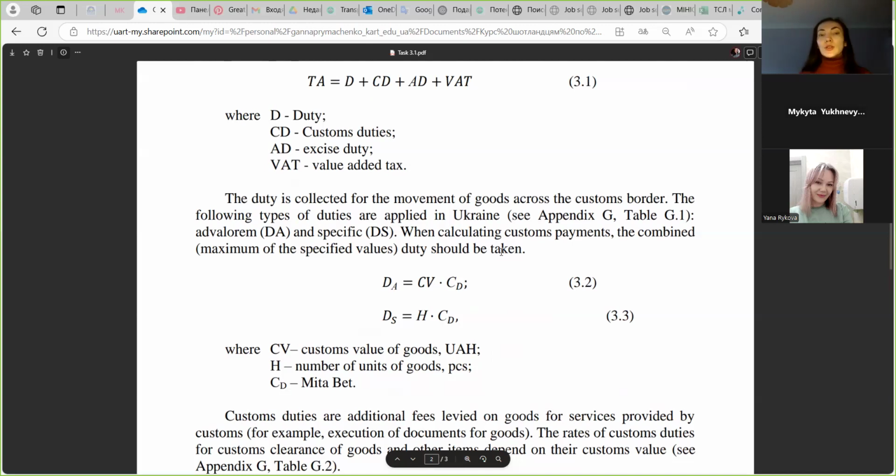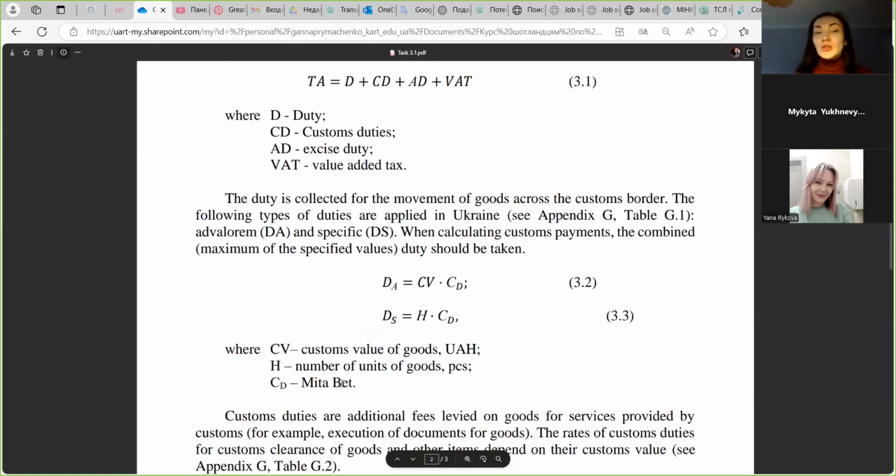We calculated the result of ad valorem duty, and we start to calculate the specific duty. Okay, our specific duty D with index S is equal to, and we also have two parameters.